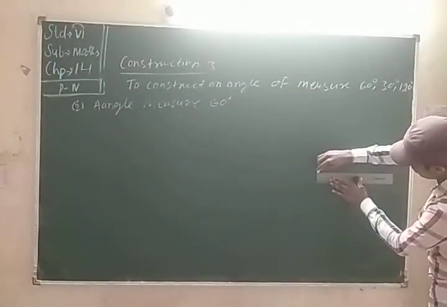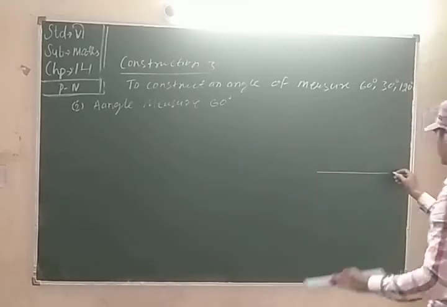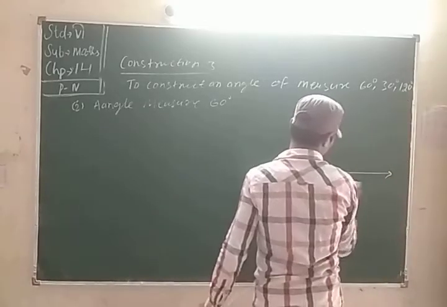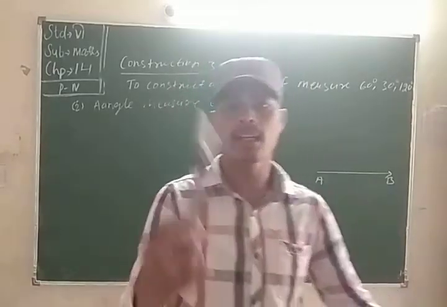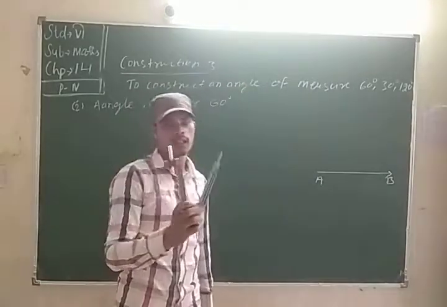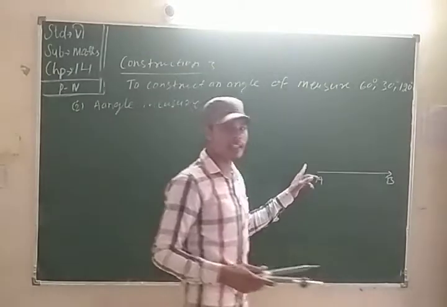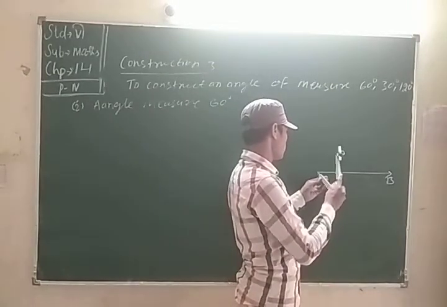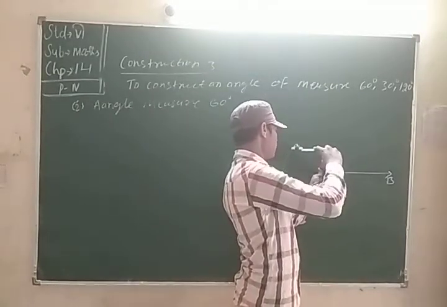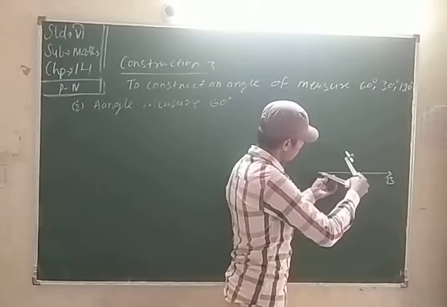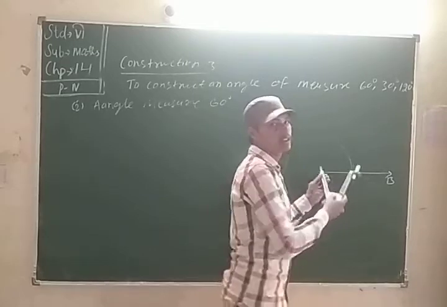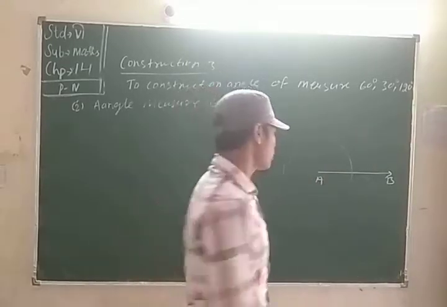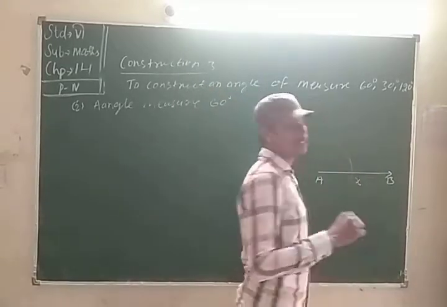First we take a ray, and give it the names A and B. Here we take a compass and take a radius. A is the center, and we draw an arc that cuts the ray AB at point X.